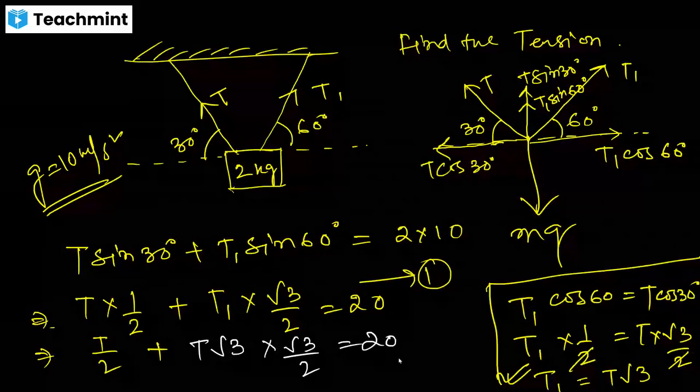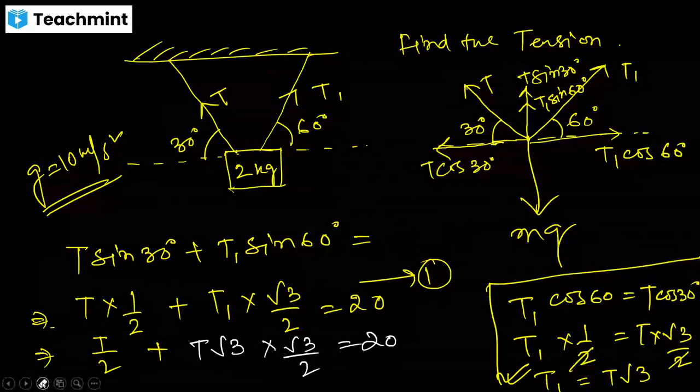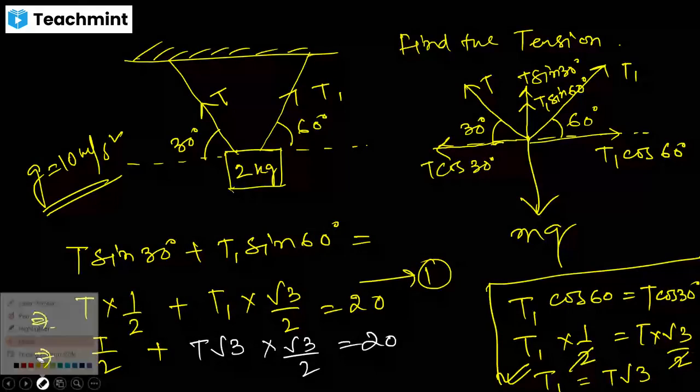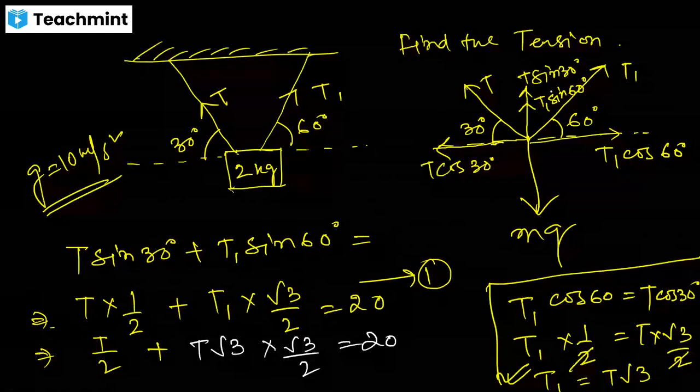Sir, where did the 2 into 10 come from? 2 into 10 is equal to m into g. Just wait, let me erase that. This is actually m into g. I have directly substituted the value because all the upward forces are equal to all the downward forces.